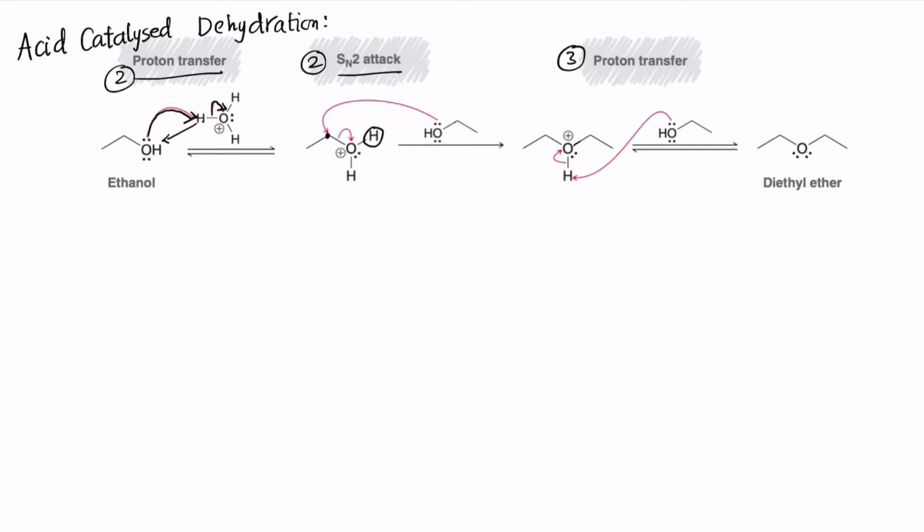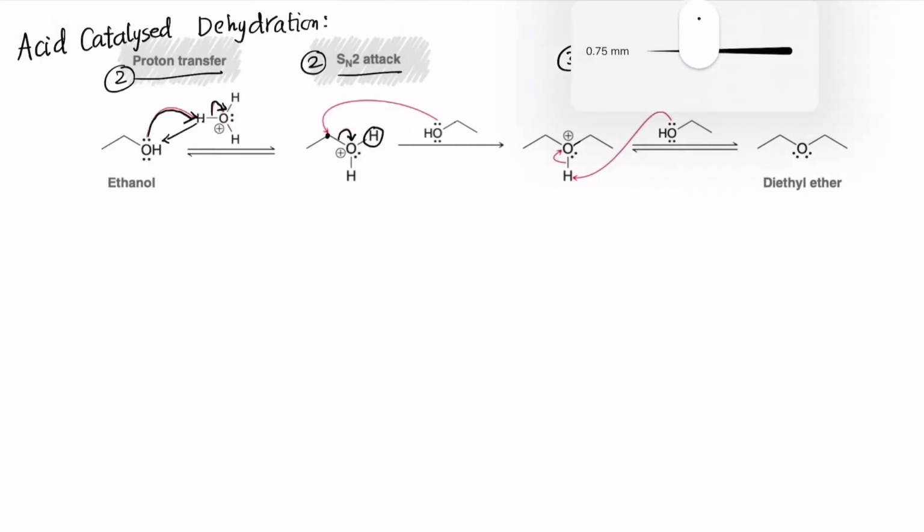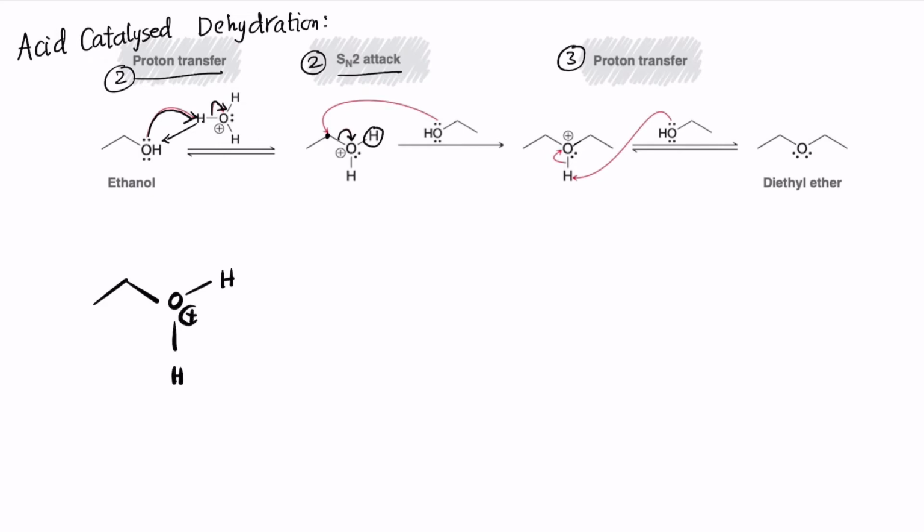So it basically bonds itself in that place. Now when it bonds, the two electrons that are there go to the oxygen and leave this structure. Let me show you how it looks. The oxygen, hydrogen, hydrogen has a positive charge.